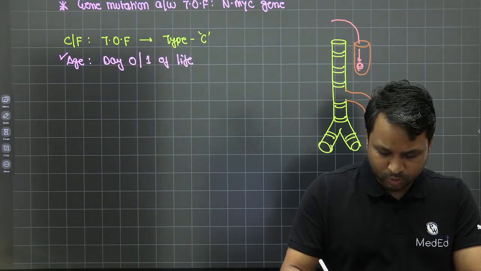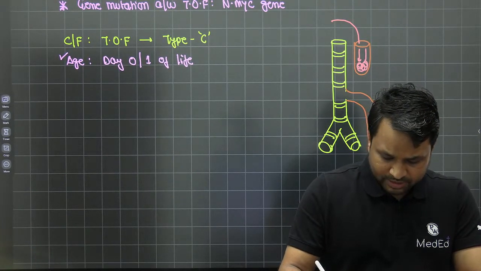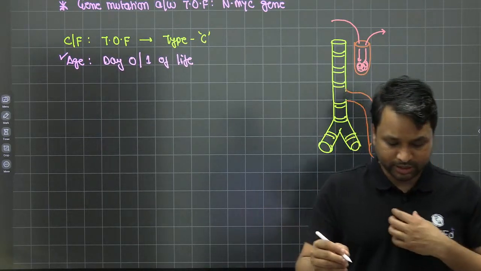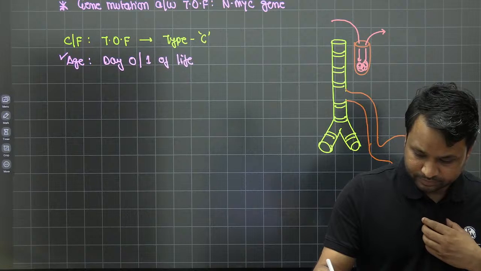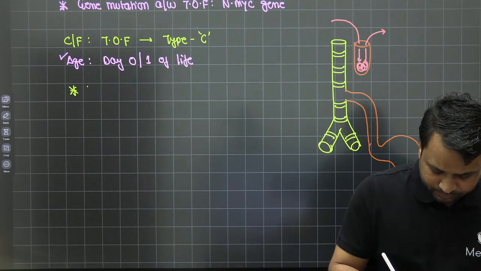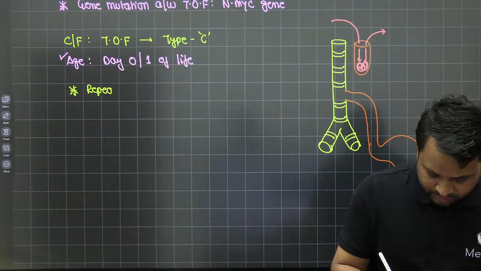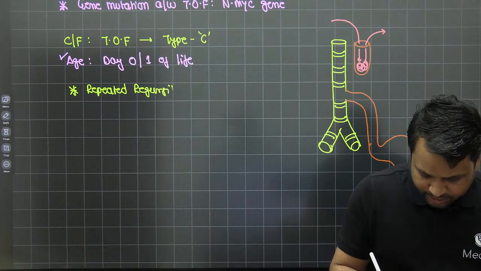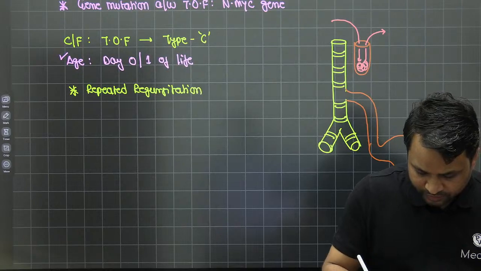So all that milk is going to pool into the upper esophageal segment and then immediately revert back. Now this is the first thing that you will notice: there will be repeated regurgitation of all feeds.